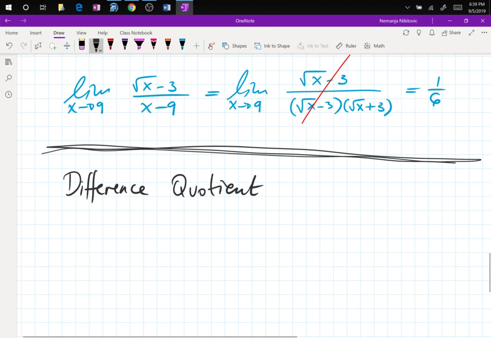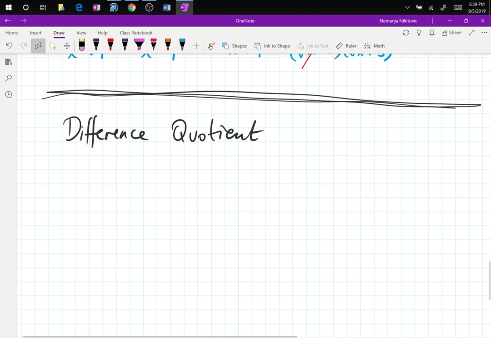Difference quotient is equal to f of x plus h minus f of x, divided by h. You learned this in section 1.7 in your Pre-Calculus 1 course, which was probably a year ago.